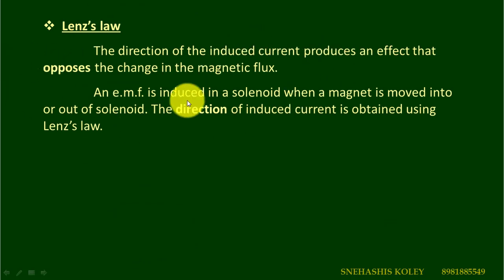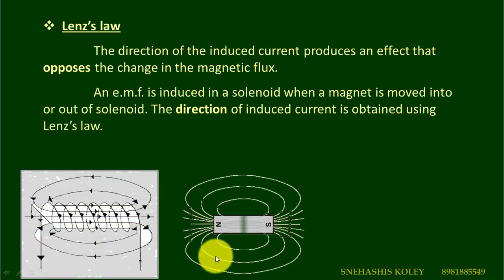In Lenz's law, it states that the induced current opposes the very cause due to which it is produced. As you can see here, if we bring the north pole closer, then current will flow in the anti-clockwise manner in this conductor, due to which a north pole will be produced at the nearer end, and these two north poles will repel each other, hence the motion of the magnet is opposed.